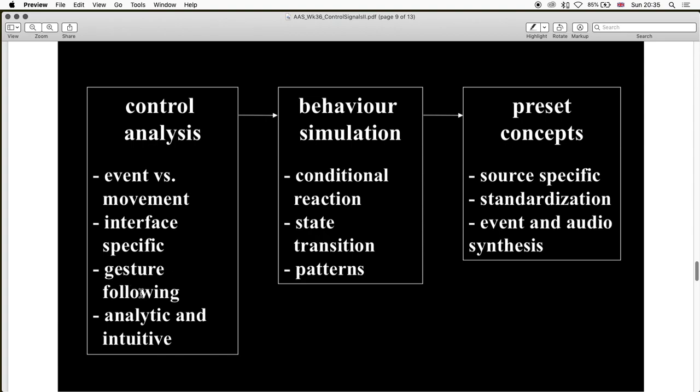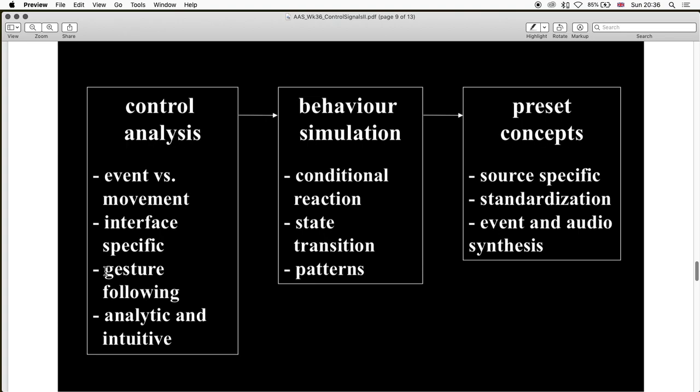Then another interesting term, which is a huge field of research, is gesture following, which goes towards the conceptual domain that I've just described. If you imagine a body tracking suit and you say, well, actually I want to follow the user, and when the user draws a circle, then something is supposed to happen.